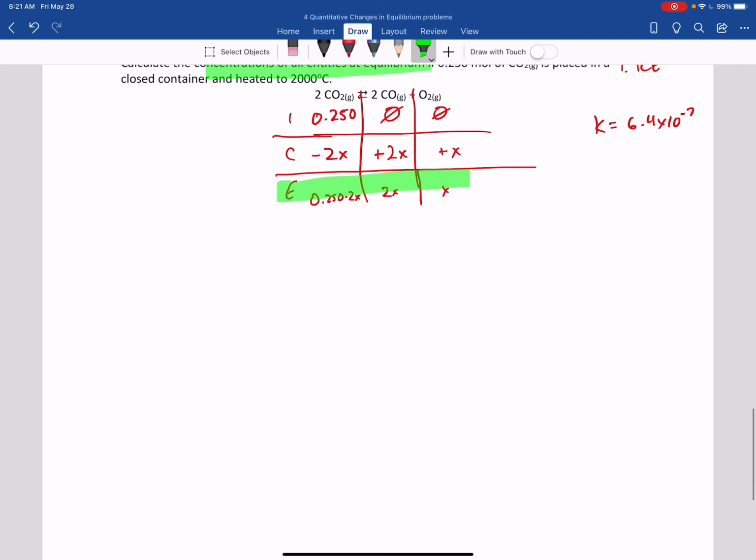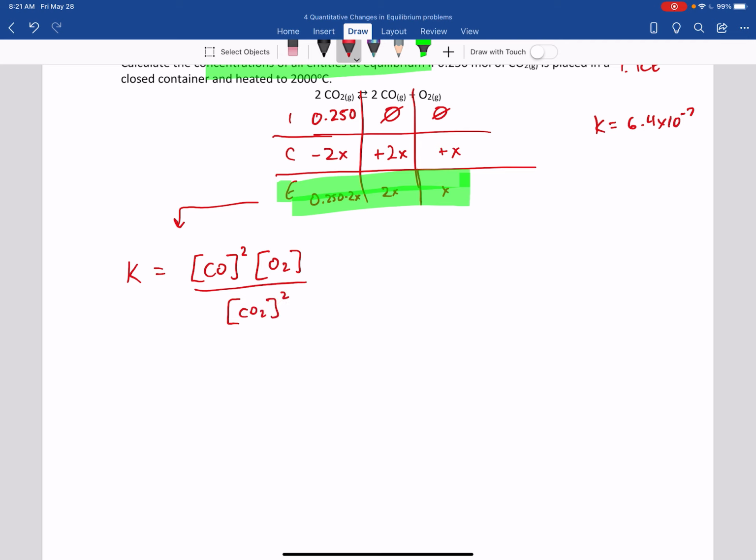So I'm left with an algebraic expression for my equilibrium row, which means substitute that into K. So we've got the products, and they're all gases. We'll do a quick check there, over the reactants, and again, raised to their coefficients.